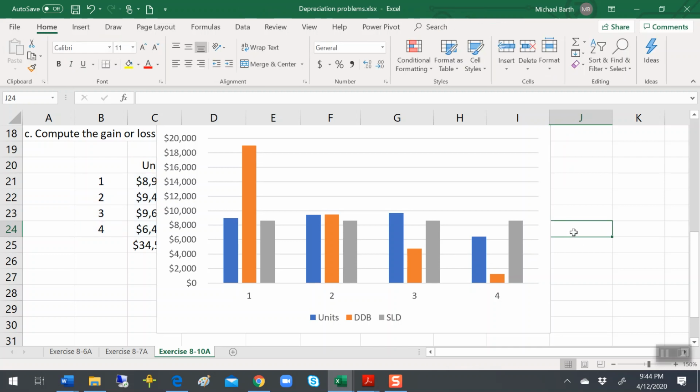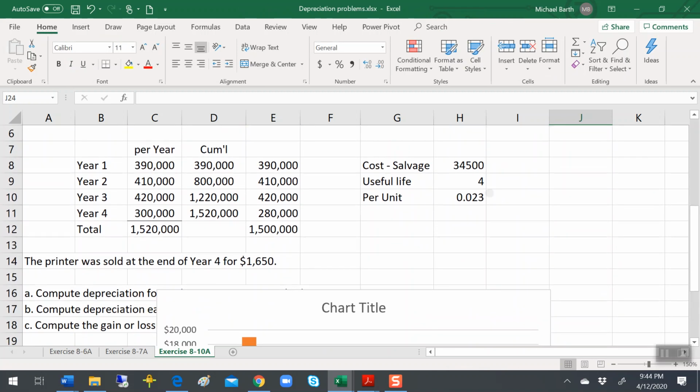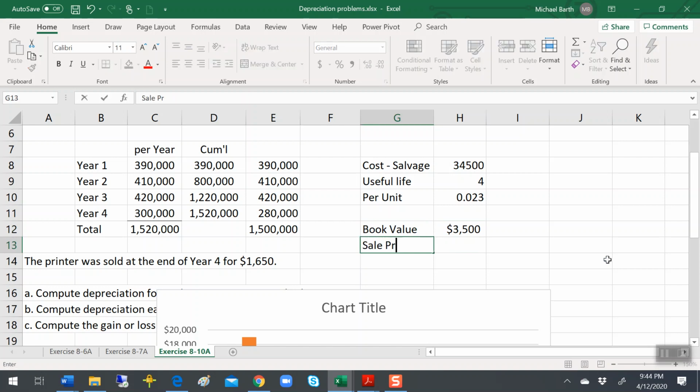All right, and then the latter part of the question, the printer was actually sold at the end of year 4 for $1,650. What would happen with that is that the book value at the end of that period would be 3,500, and then the sale price was $1,650.